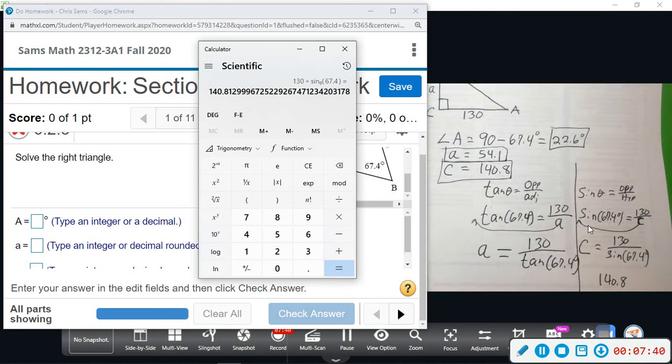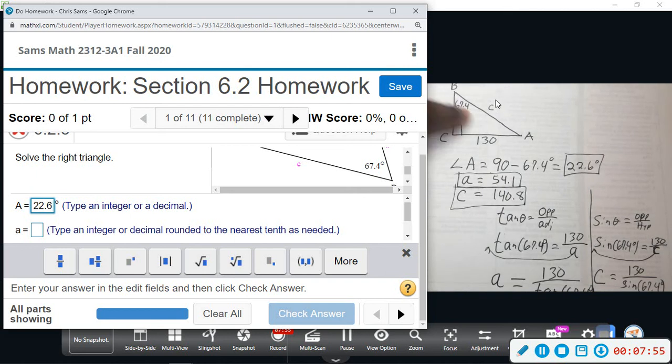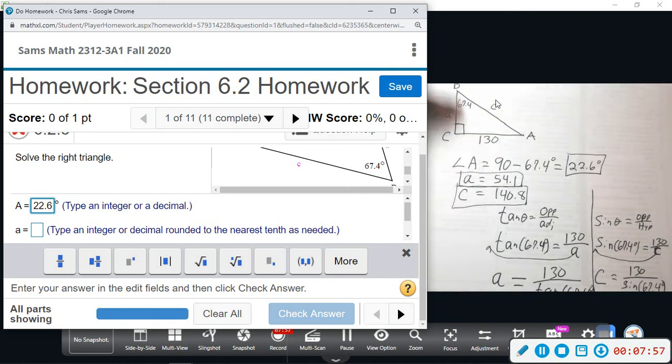Now that we have all of these measurements, we're going to enter them into our computer. Angle A, 22.6. We got that by subtracting from 90, because the complementary angles have to add to 90 to give us 180.